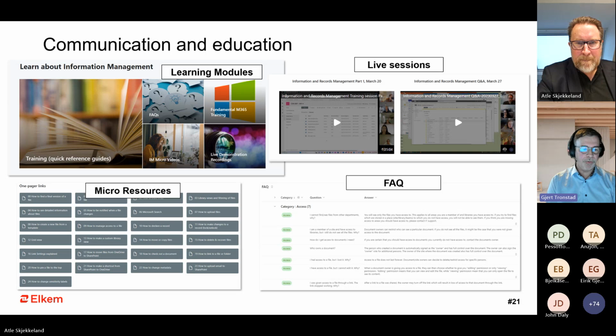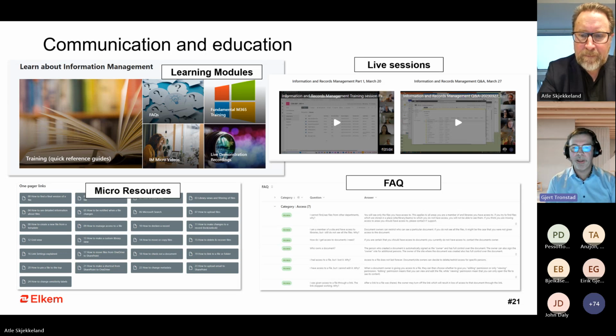We know from before, not only from working on this project, that training is important. Just communicating the sensitivity labels, communicating that you should not have multiple versions of a document because that could mess up the result you get from AI.